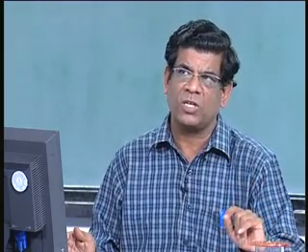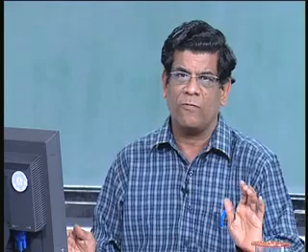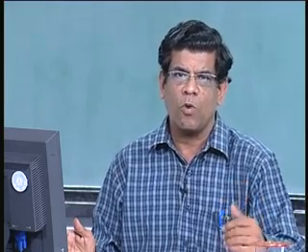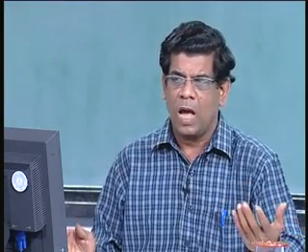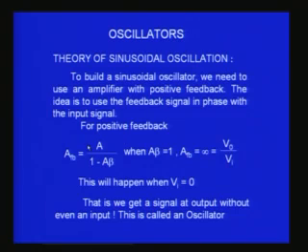We have also derived in one of the earlier lectures the expression for the gain of an amplifier with feedback, and you can see it on the screen, A by 1 plus A beta.